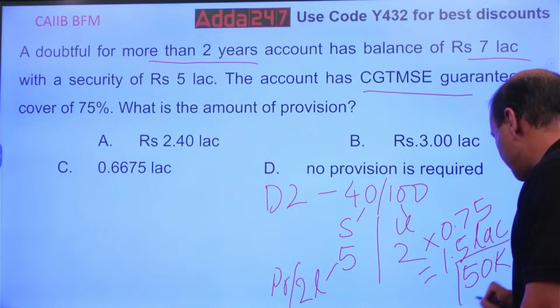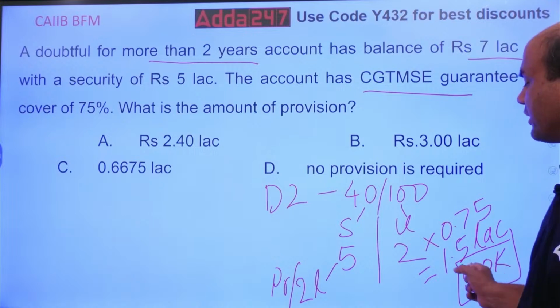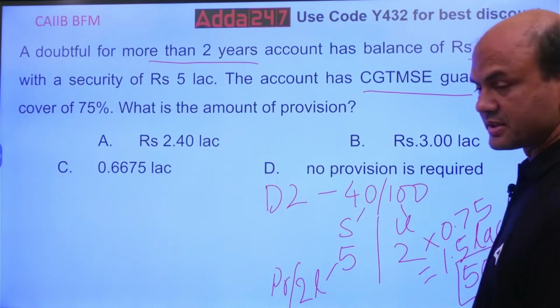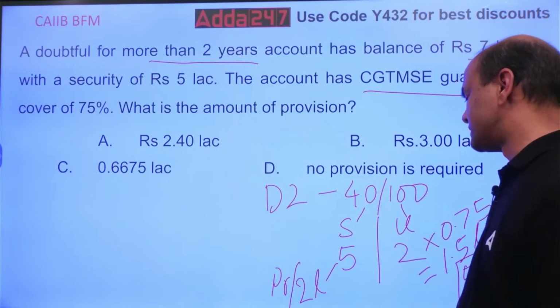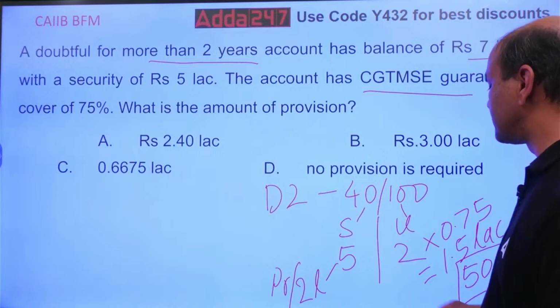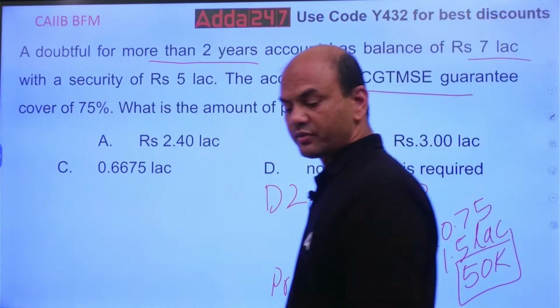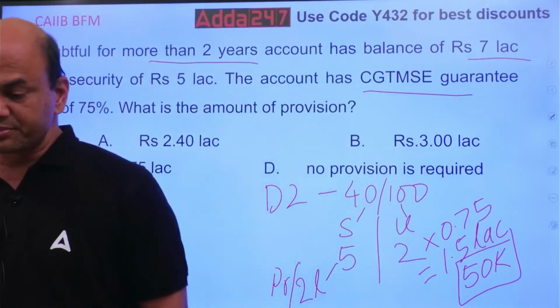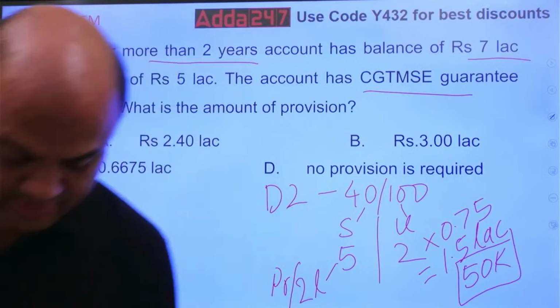This 50,000 is the remaining part. For this 50,000, you will have to make the provision at 100%. So the provision will be 50,000 plus 2 lakhs, that is 2 lakh 50,000. Getting this? Check this, everyone.